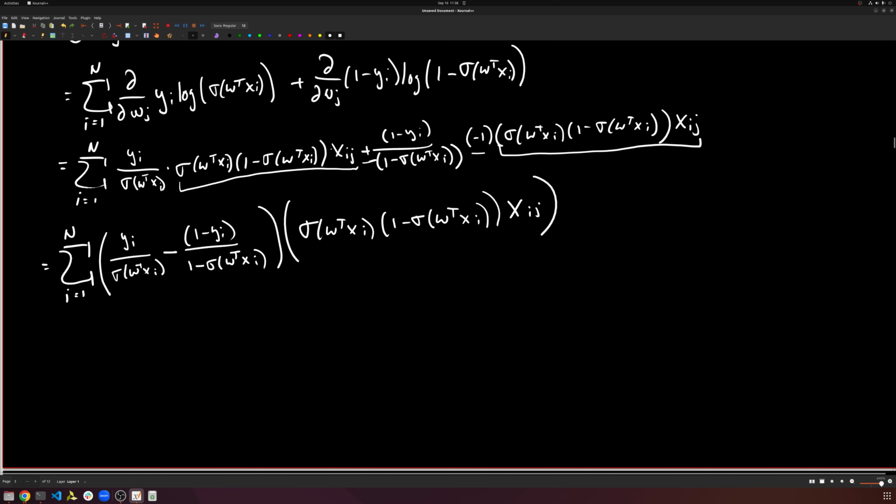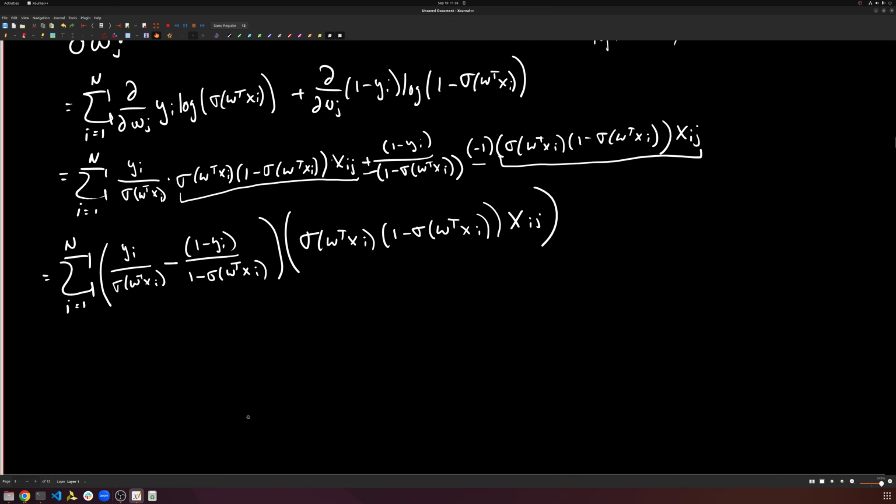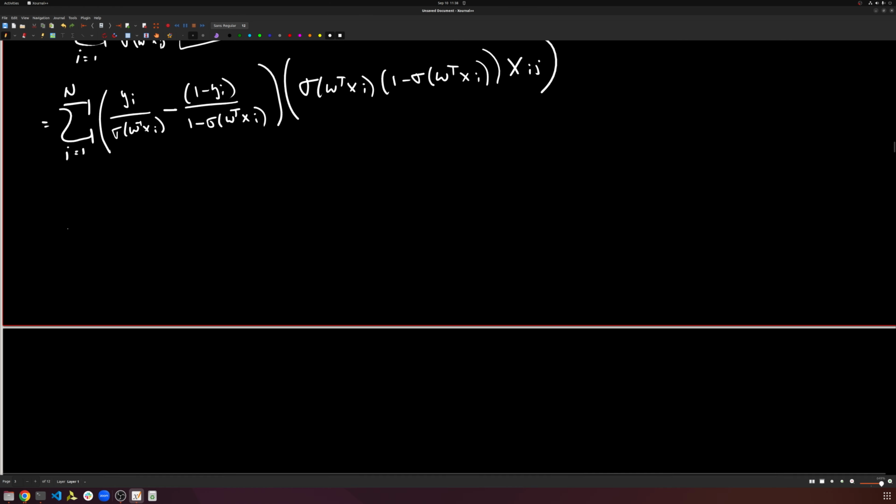And we can start to now simplify this down, and you will see what happens. I'm not going to skip any steps. Let's just do it. We've already come so far. So this is equal to the sum i equals 1 to n. If we want to put these together, cross multiply, so that'll be yi times 1 minus sigmoid of this thing. So that'll be yi minus yi sigmoid w transpose xi.